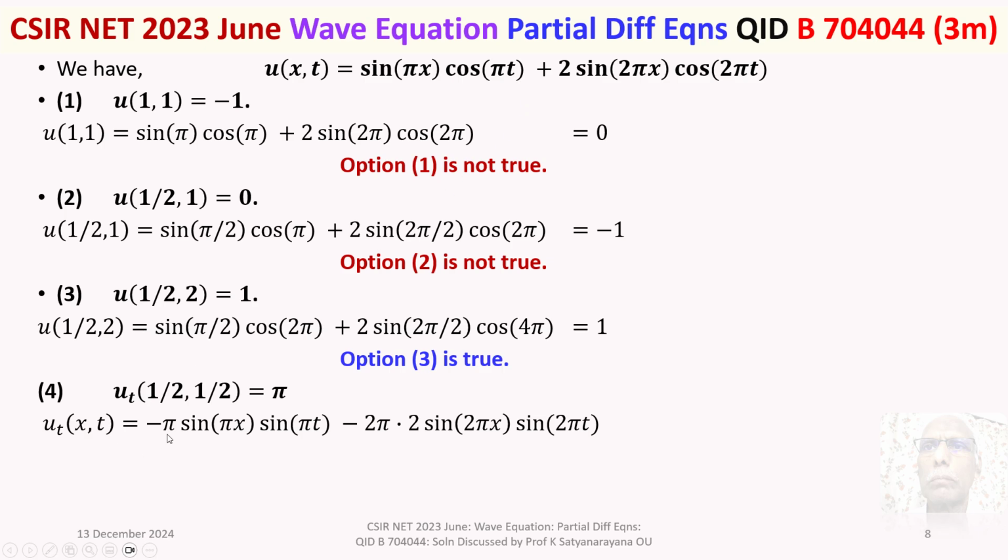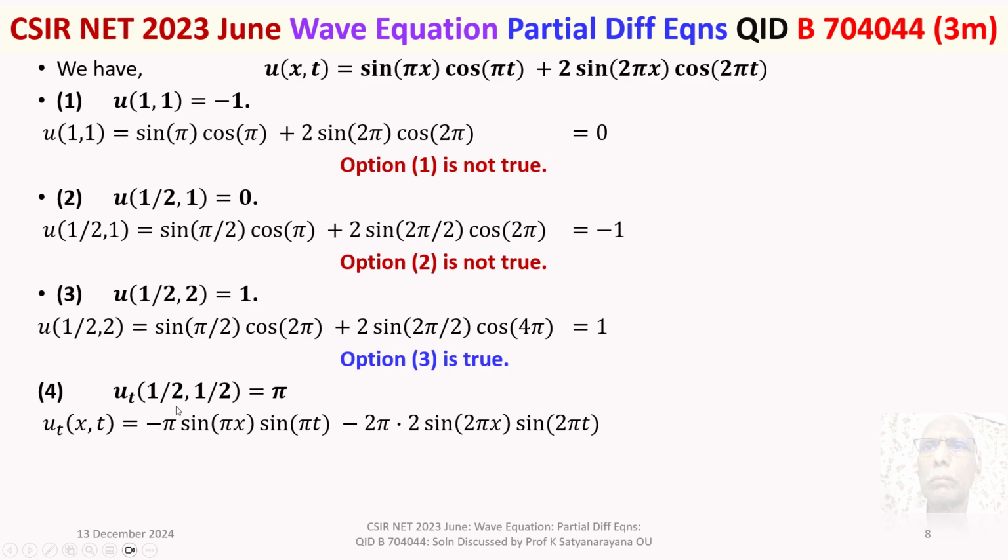So minus pi sin pi x sin pi t plus 2 sin 2 pi x into the differential with respect to t, that will be minus sin 2 pi t multiplied by 2 pi, that is minus 2 pi into 2 sin 2 pi x sin 2 pi t.